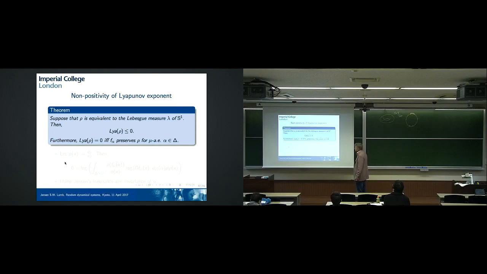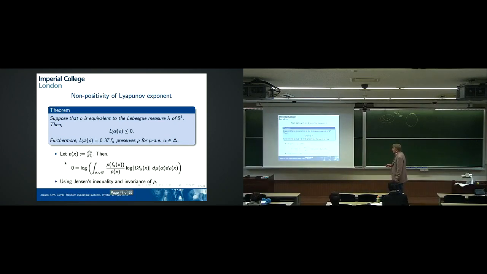Good. Yeah. So I'll try to show that. The idea basically uses the fact that we have a density. Lambda is the Lebesgue measure. So p(x) is the density, so it means that the measure rho is p(x) d lambda.